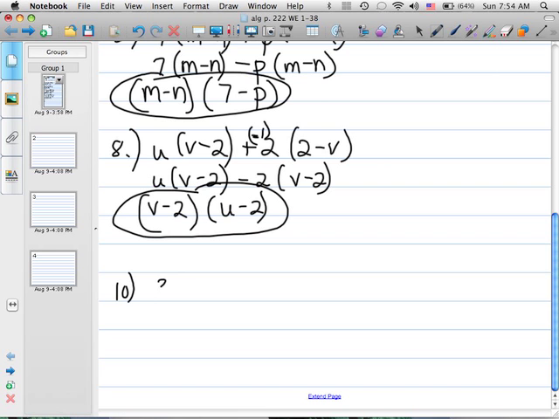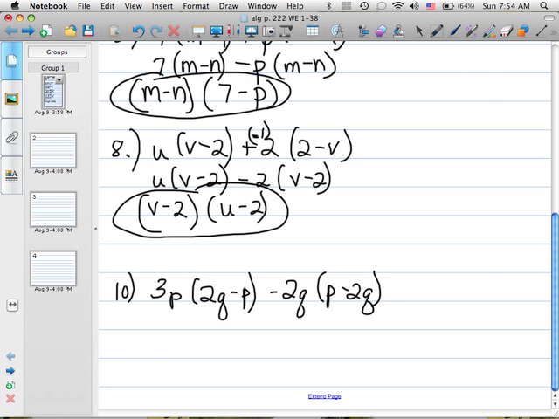Problem 10, I have 3p times 2q minus p minus 2q times p minus 2q. Check, they're not the same, so check your signs. 2q and negative 2q, negative p and p. So I can take out a negative 1. If I do, this becomes positive 2q.